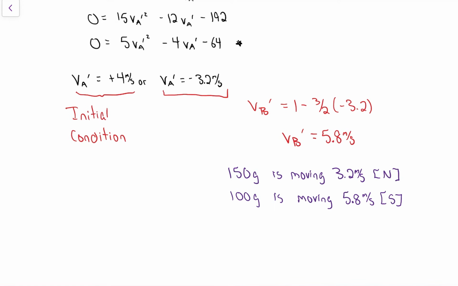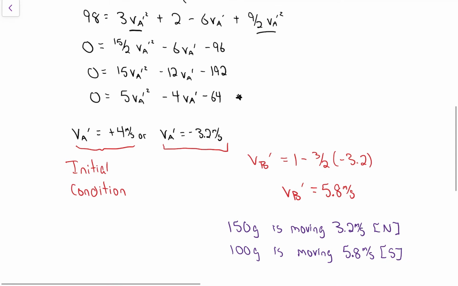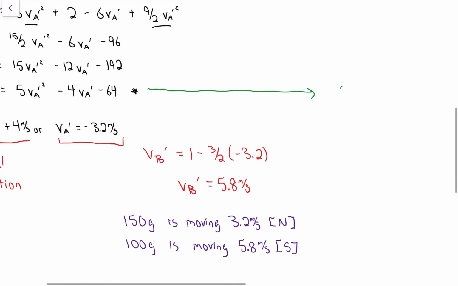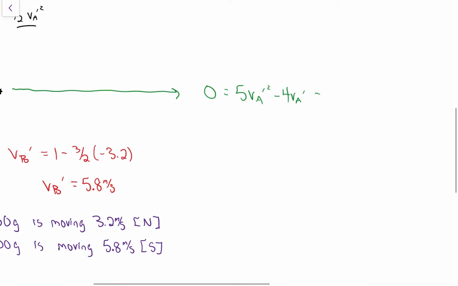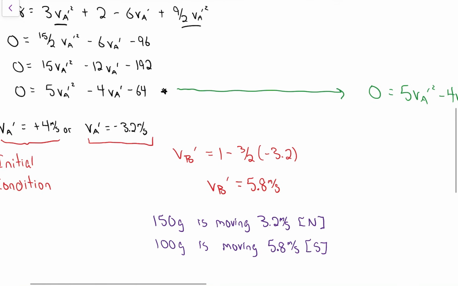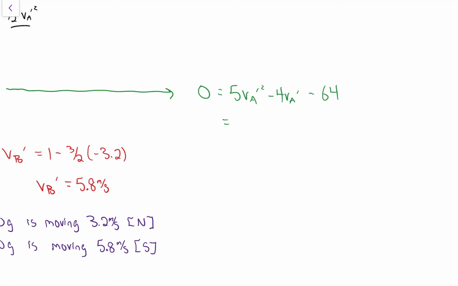Moving forward, the fact that the initial condition is one of our solutions, we can use that as a step to help us solve the quadratic equation. So I'm going to kind of squish it in here. That's the quadratic equation we got, and I know that VA equals 4 is one of the answers. That means VA prime minus 4 is one of the roots.